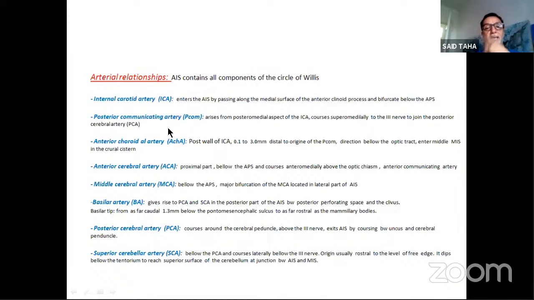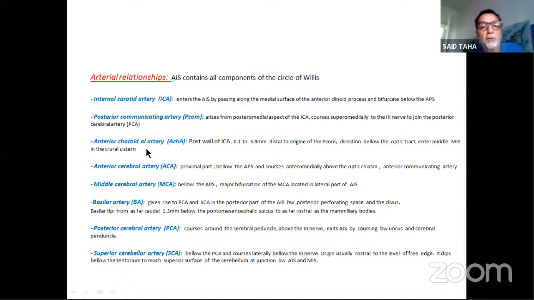The posterior communicating artery arises from the posteromedial aspect of the internal carotid artery, courses superomedially to the third nerve to join the posterior cerebral artery.